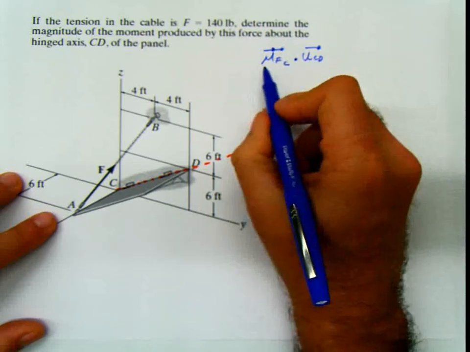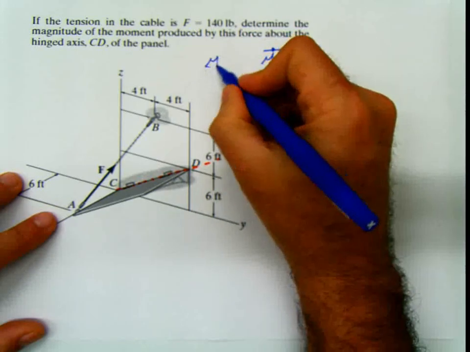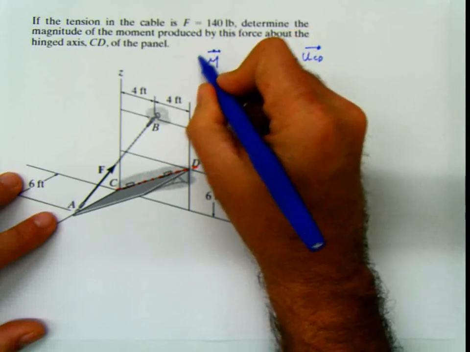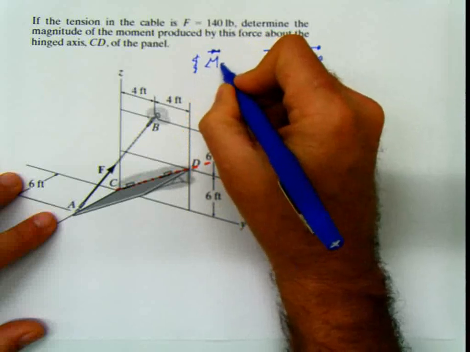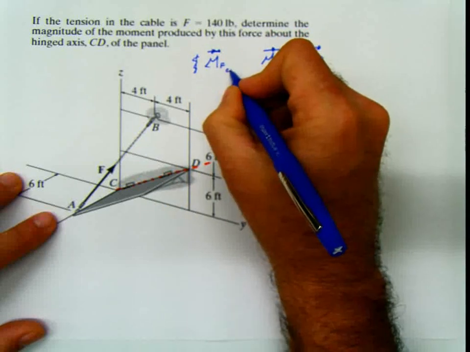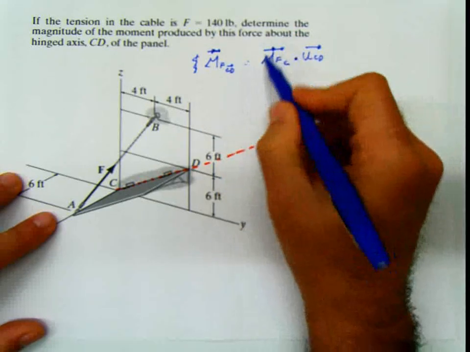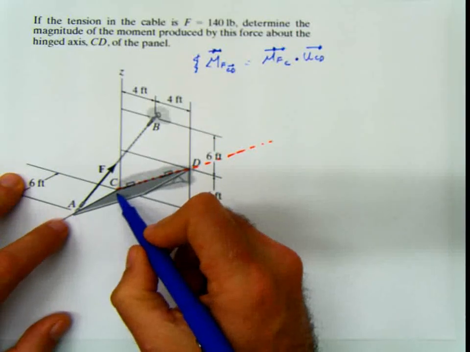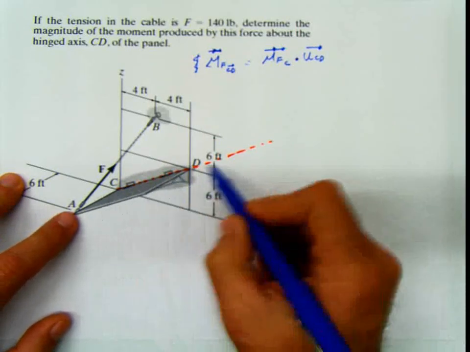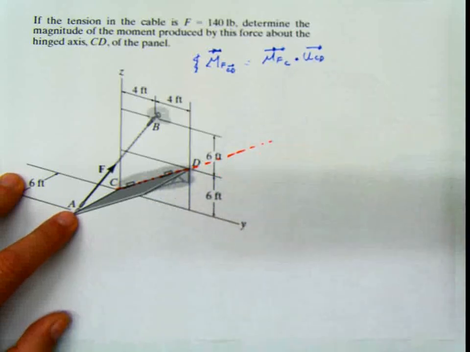So basically, the moment of the force F with respect to the axis CD is equal to the moment of the force F with respect to any point in the axis, dot multiplied by the unit vector of the axis. This is the first way of doing it.